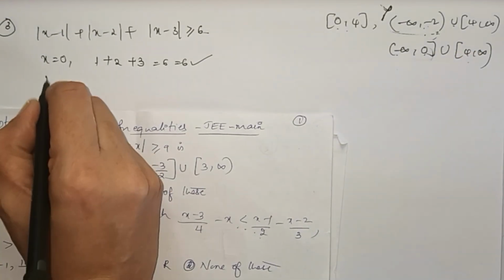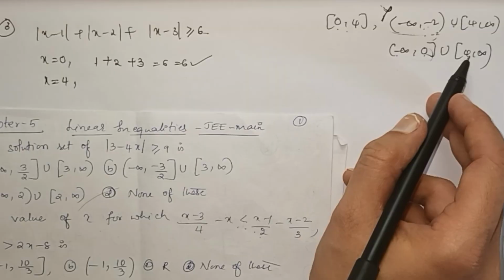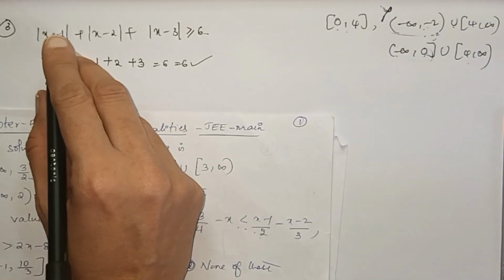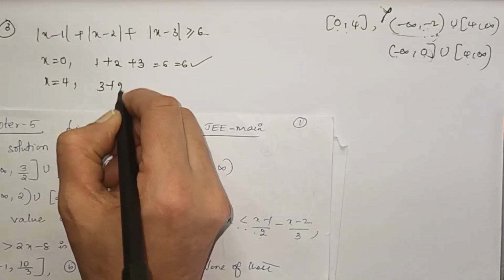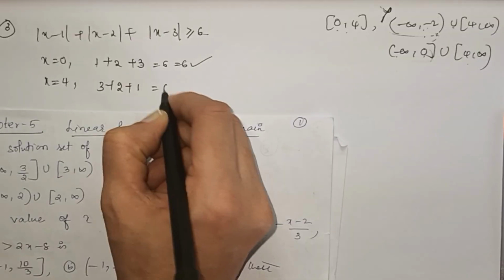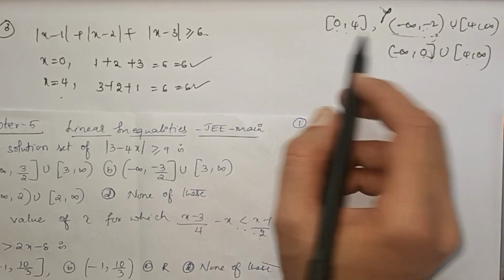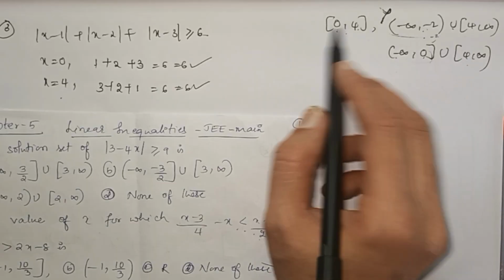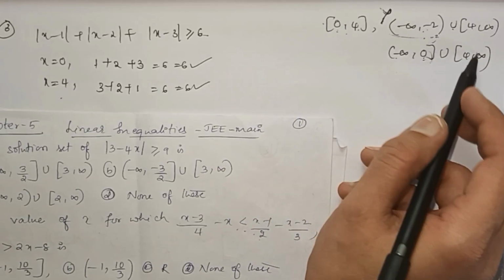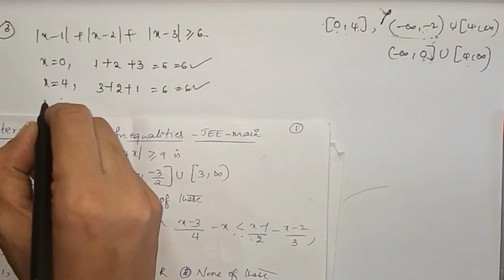Next you check, is 4 a solution? X equal to 4. Yes, substitute: 4 minus 1 is 3, plus 2, plus 1. This is also 6, 6 equal to 6. So 4 is also a solution. Now 0 to 4, either this or this option. This includes 5, 6, 7 also. You can check x equal to 5.